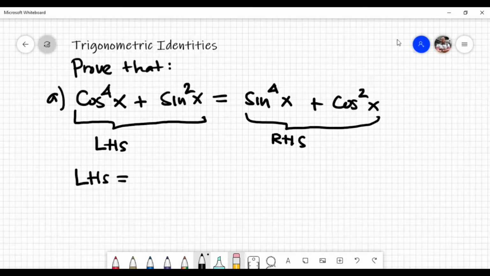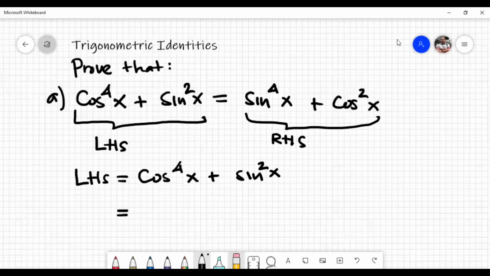So students, please pay attention. Cosine to the power of 4x plus sine square x. The next step, as you see, the power is 4, right? So the power for cosine is 4.